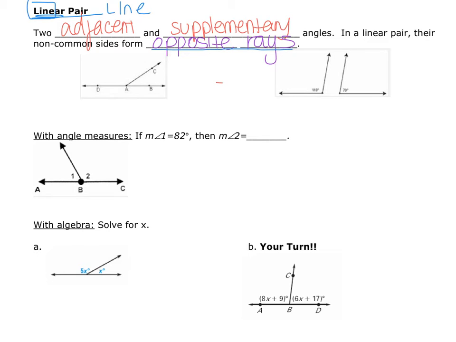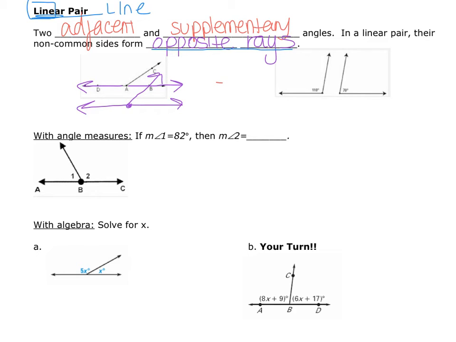So remember again, the straight angle is 180 degrees. These are their non-common sides. So these non-common sides form opposite rays because remember, opposite rays are two rays that have a common endpoint and extend forever in opposite directions. So there are our non-common sides forming opposite rays, and then there are our common sides.